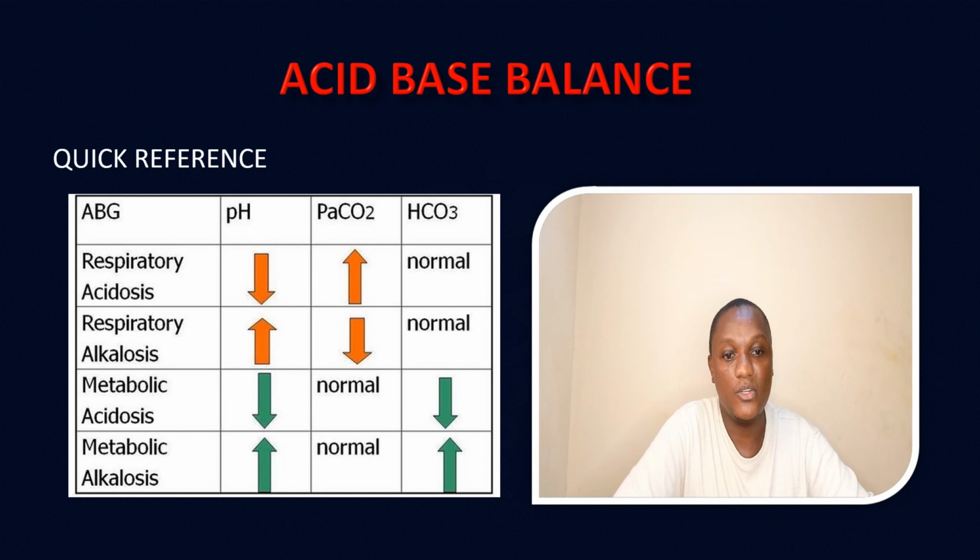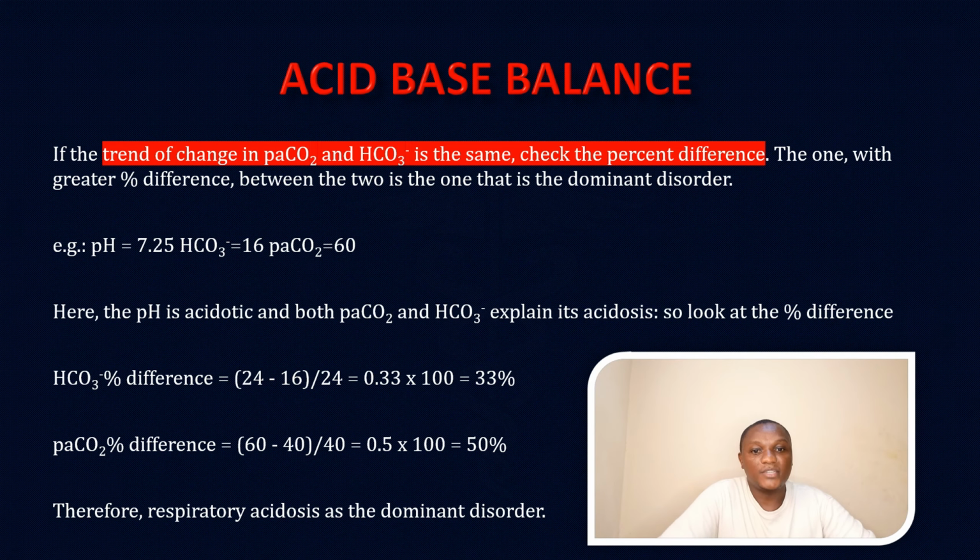In metabolic acidosis, pH is down, bicarbonate is also down. Metabolic alkalosis, pH goes up and also bicarbonates go up. Sometimes you can have the trend of carbon dioxide and bicarbonate going in the same direction, and this means that when you look at the partial pressures of carbon dioxide and bicarbonate, they can indicate either alkalosis or acidosis.